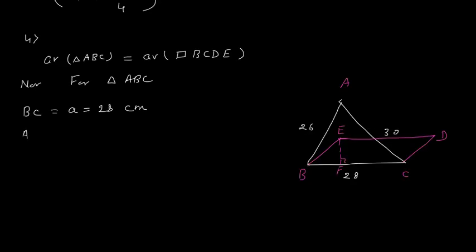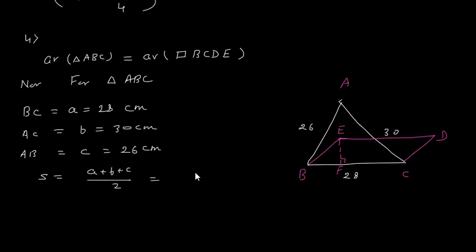AC as small b equals 30 centimeter and AB equals small c equals 26 centimeter, and S will be a plus b plus c divided by 2, which is 28 plus 30 plus 26 whole divided by 2.